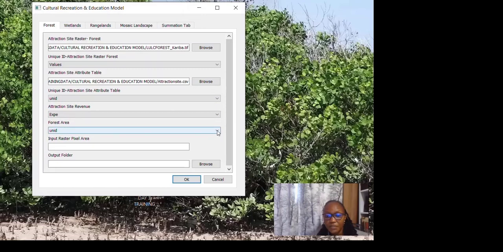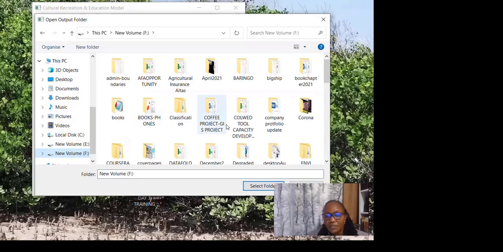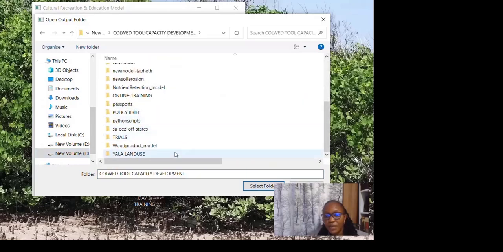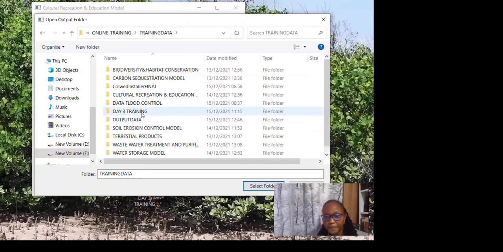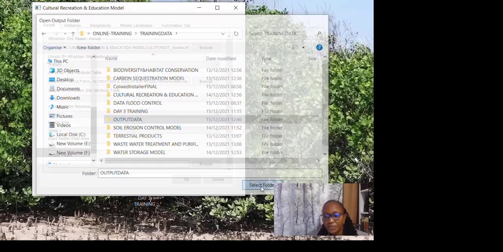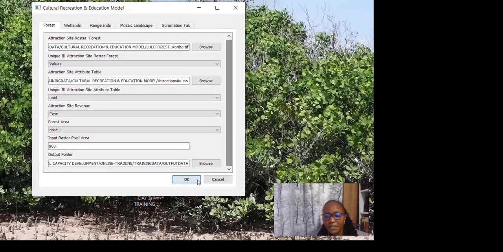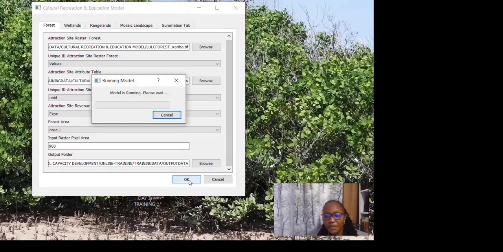And we also put the forest area. And then we input the pixel area, which I said, because it's a Landsat, is 900. And then we browse to identify the folder where we'd want our files to be saved. Our output data folder.